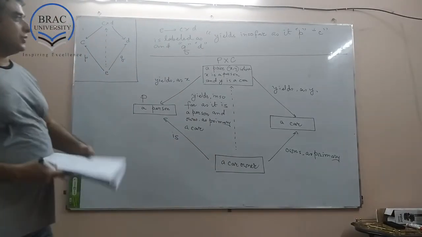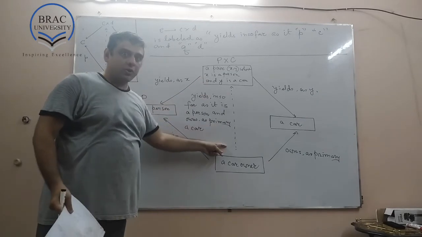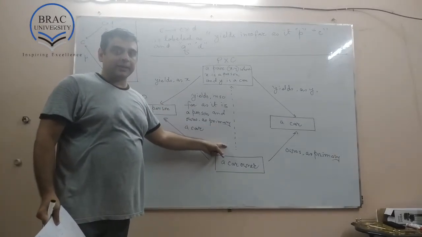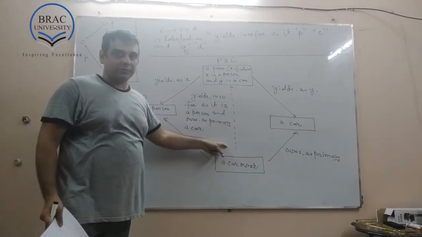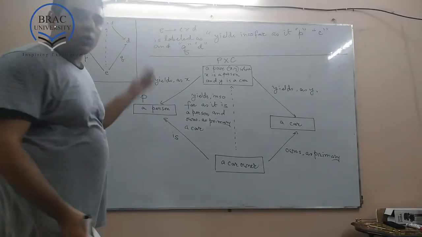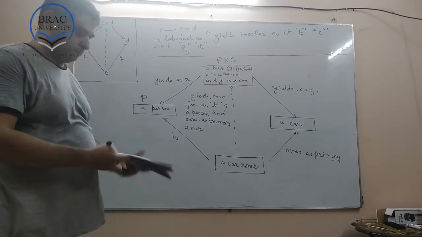Okay. This is precisely the unique arrow guaranteed by the universal property of products. Okay. So this is the whole example of a product.